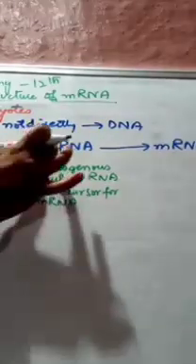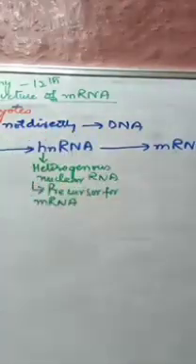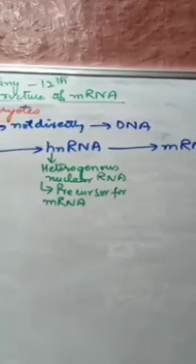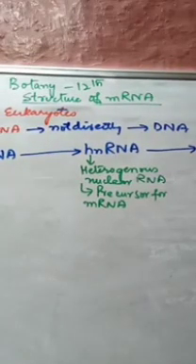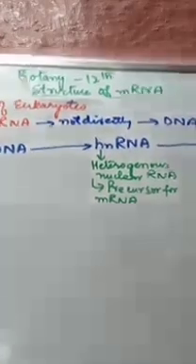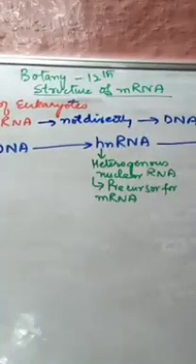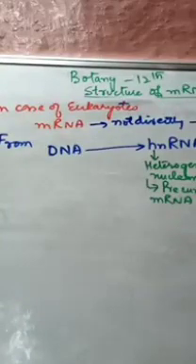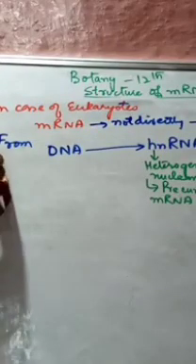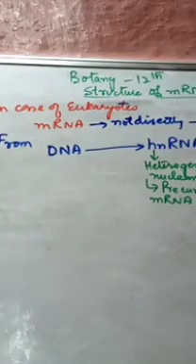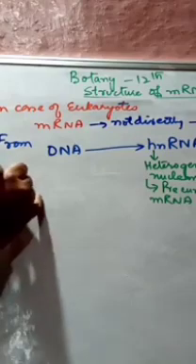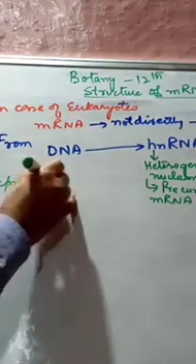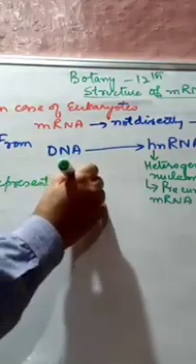So this hnRNA gives rise to the mRNA, and it is called the precursor mRNA. Now, what does it represent? It represents the split gene.